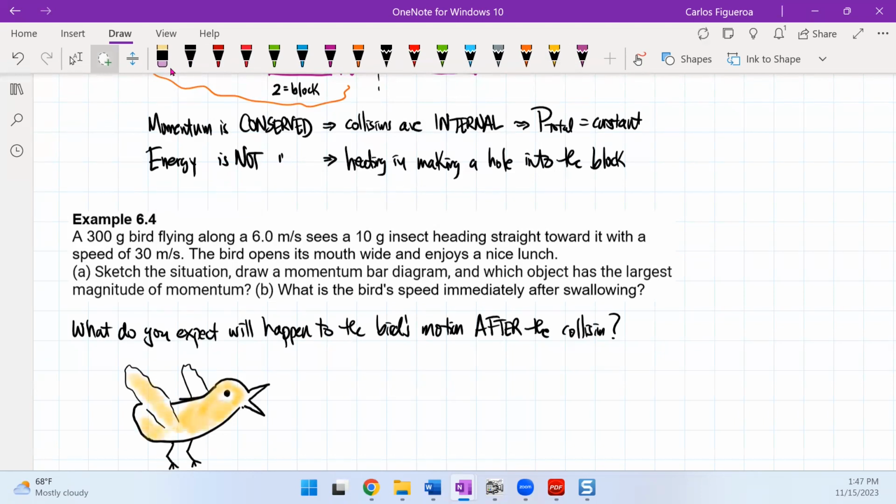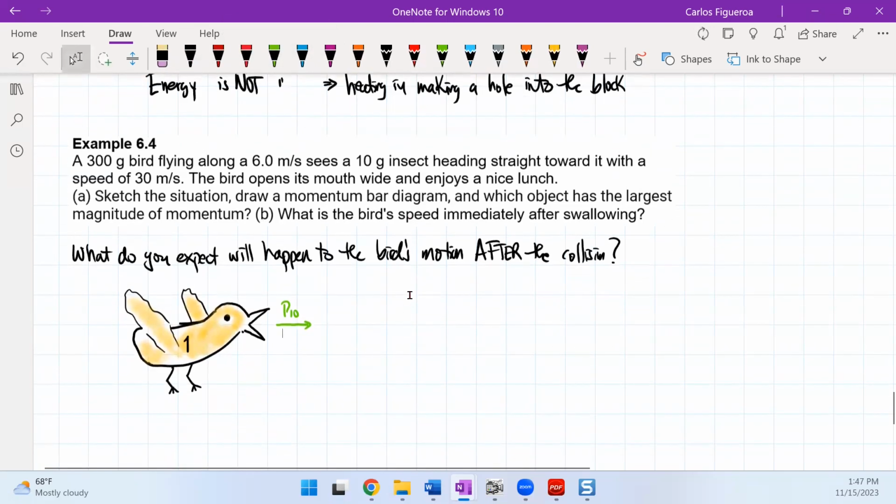And what we're seeing here is that this bird, I'm going to call number 1. And what I know here is that this bird is now moving at some speed, which I'm going to call P1 initial. Now, what I need here is a bug. So you could imagine drawing my red bug.